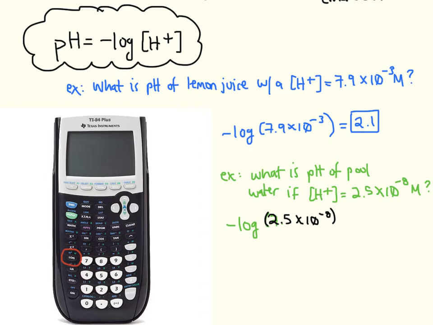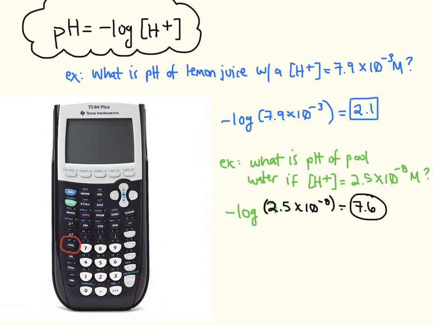Now remember, you can estimate, you're going to be somewhere around a pH of 8. And when you work this out, indeed, you get something kind of close to 8. You get 7.6. So that's pretty close to 8. And that's considered not hugely high, but higher, of course, than 2.1. So comparatively, this one's more acidic than this one.